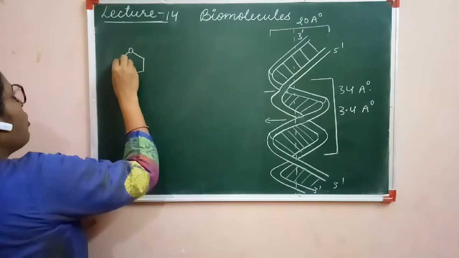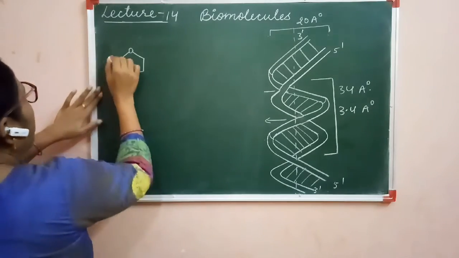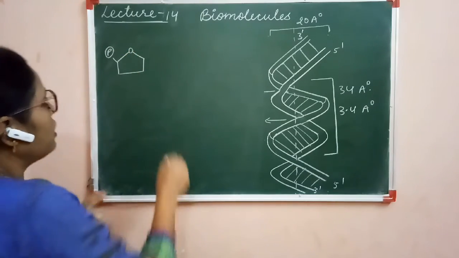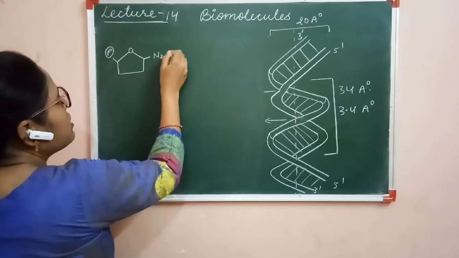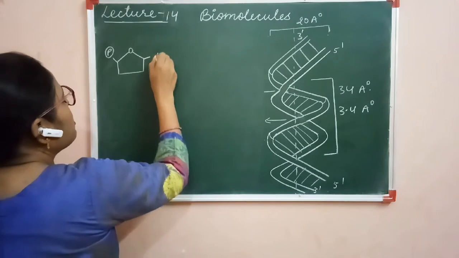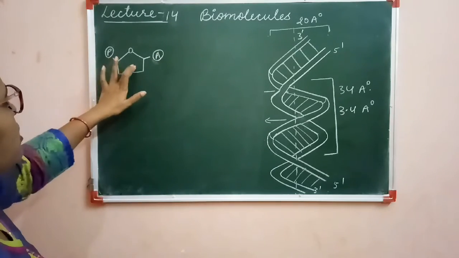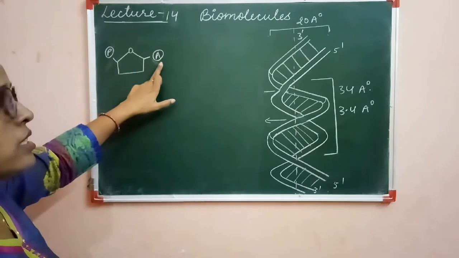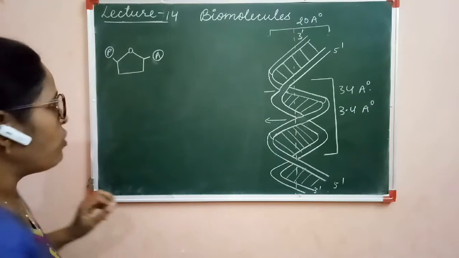So here I am drawing only the 5th carbon, and at this 5th carbon phosphoric acid is found attached. At the first carbon nitrogenous base is found attached. Suppose the nitrogenous base is adenine. Clear? This is the adenine. So this is the structure of a nucleotide in which sugar is there, this is the nitrogenous base and here the phosphoric acid is found attached.